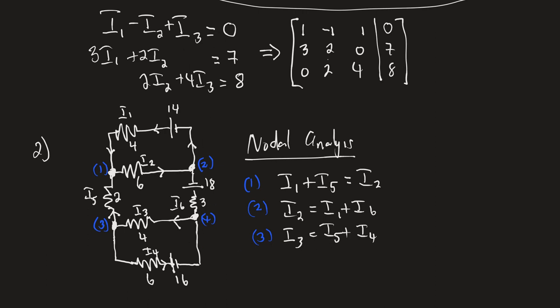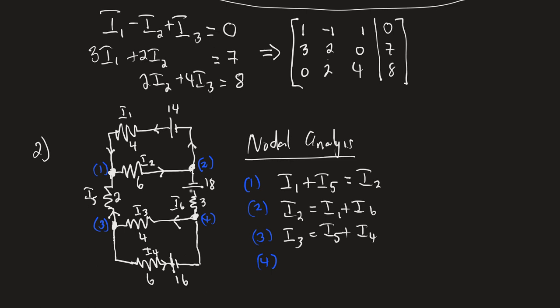And then finally at node 4, what do we have coming out of it? We have I3 coming out, and we have I4 going in from here this way, and then we have I6 from here going in, right?